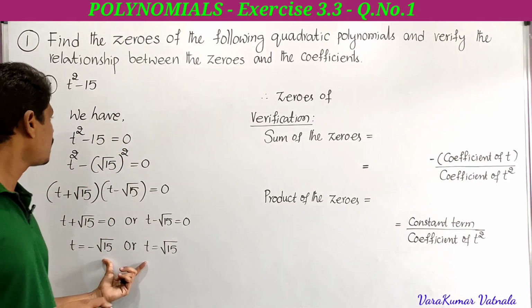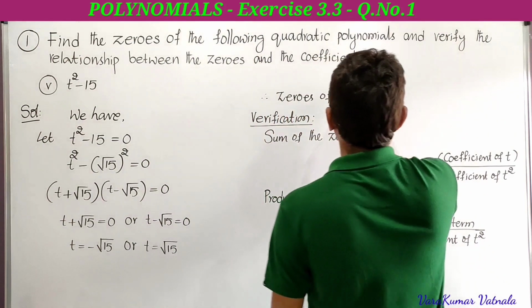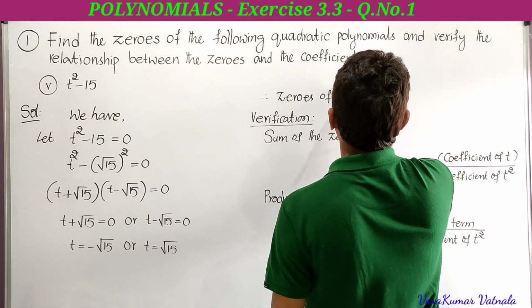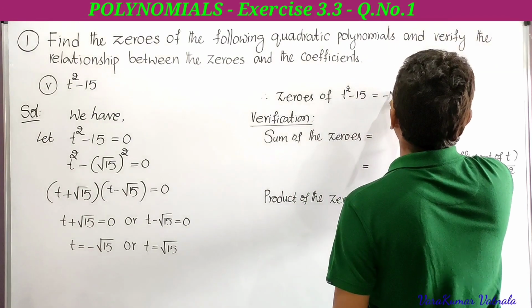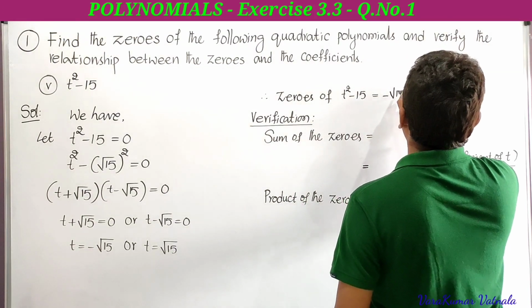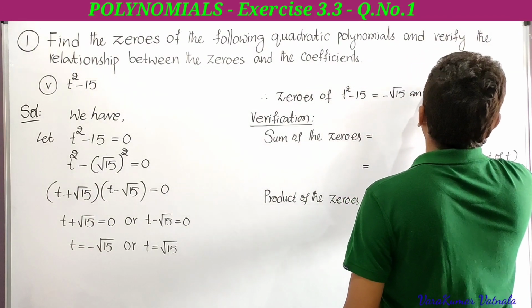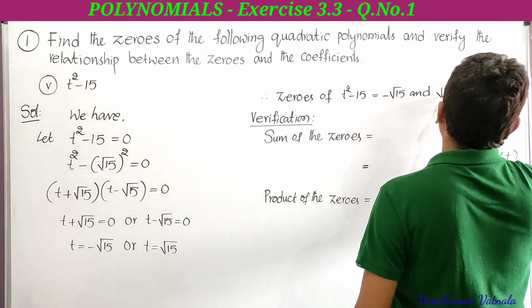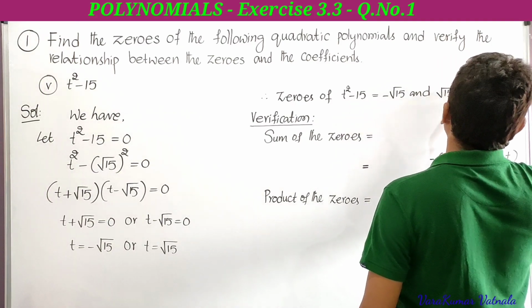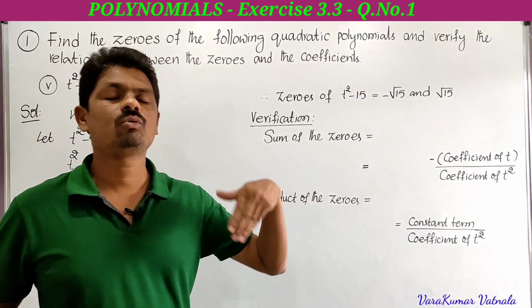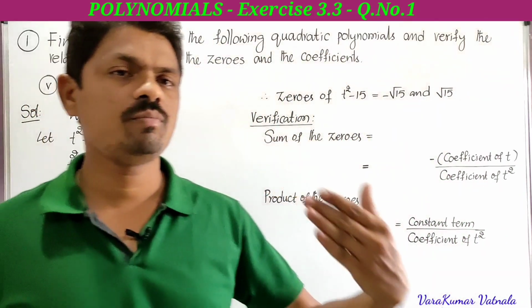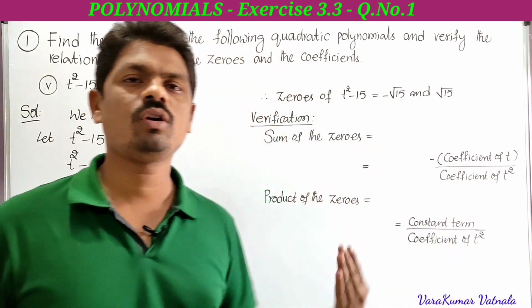Therefore zeros of t square minus 15 are minus root 15 and plus root 15. So now we have found the zeros. Next we have to verify the relationship between the zeros and the coefficients.